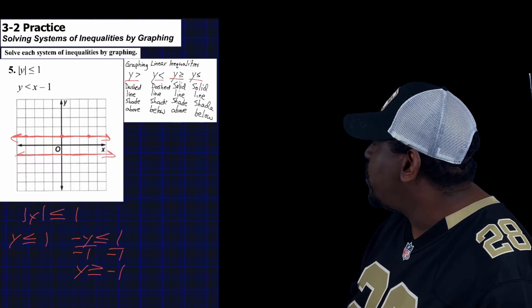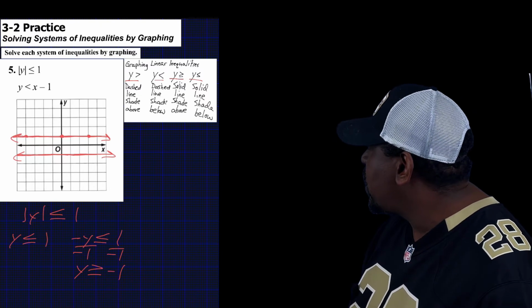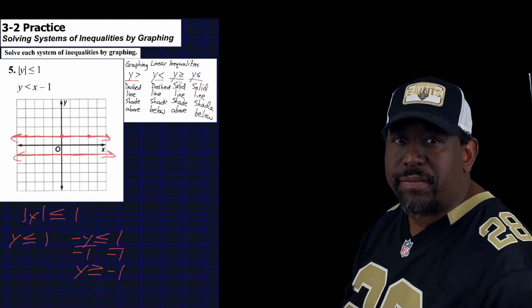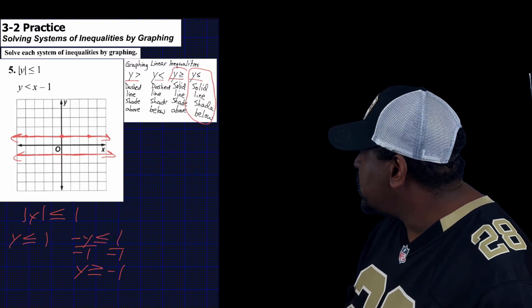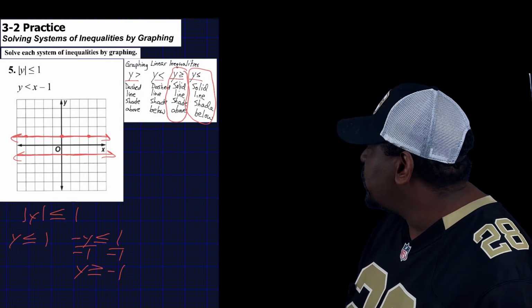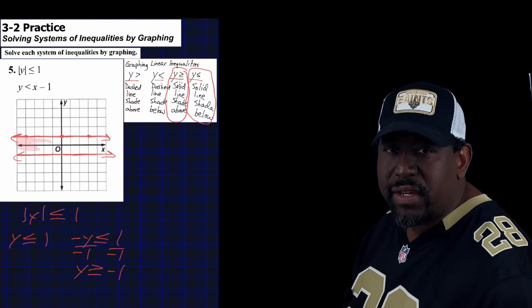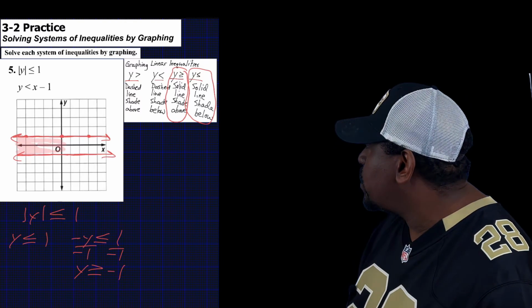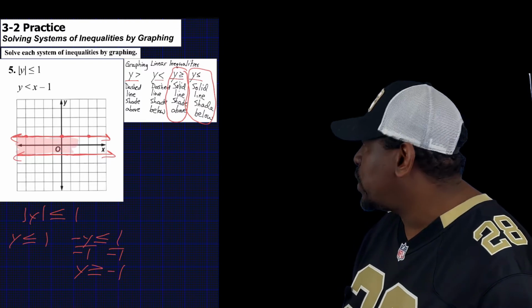So we have to graph both inequalities and get their region, and that will be our solution. For y less than or equal to 1, that is a solid horizontal line at 1, as you can see drawn. And then for y greater than or equal to negative 1, we draw a boundary line at negative 1. Since it's greater than, we go up from that one. Since y less than or equal to 1 is less than, we go below.